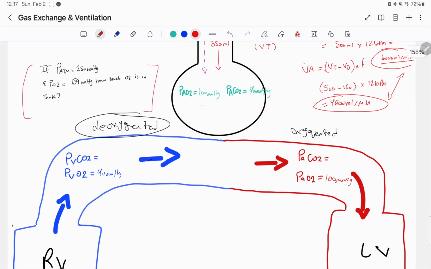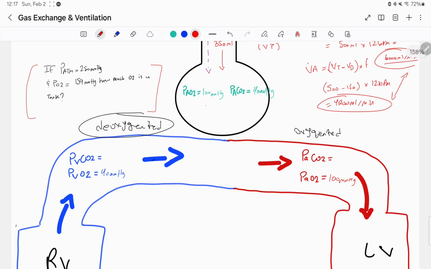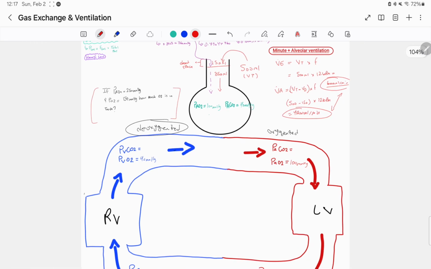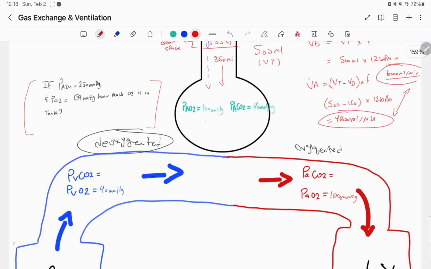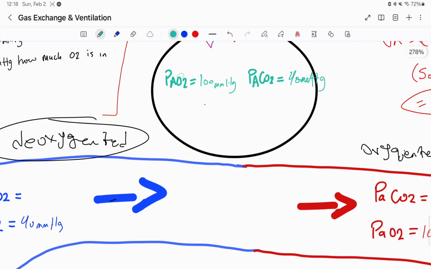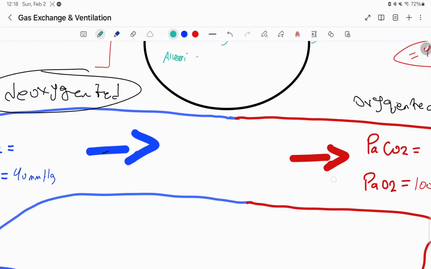Awesome. Something else I forgot to mention is these little abbreviations. P is for the partial pressure of oxygen, obviously. The big A is for alveoli.